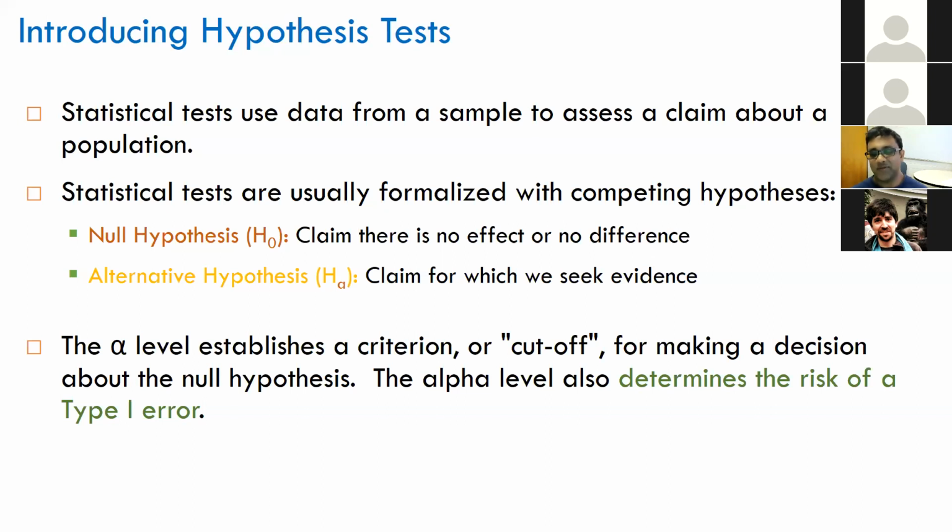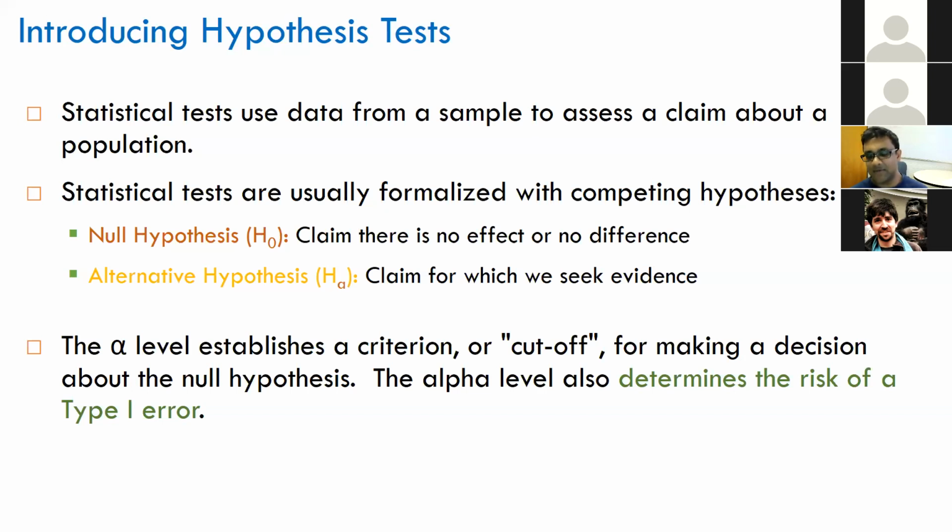The alpha value, which is the cutoff number that you use to choose between null and alternative. That alpha is your risk of type 1 error.